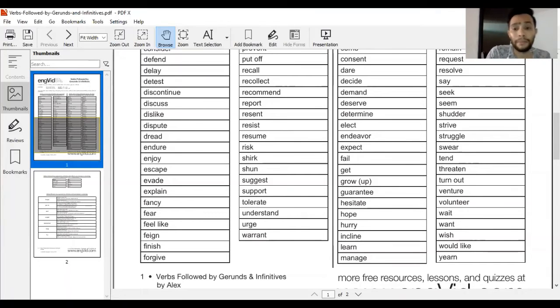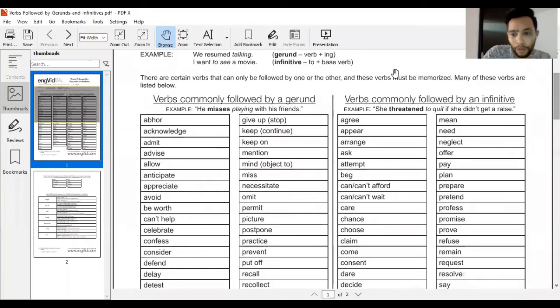Can you use all of these verbs with the ing form? No, you cannot. The only one that you can use with the ing form is the verb need, but only in the passive form. If it's not in the passive form, then you cannot use the gerund form.